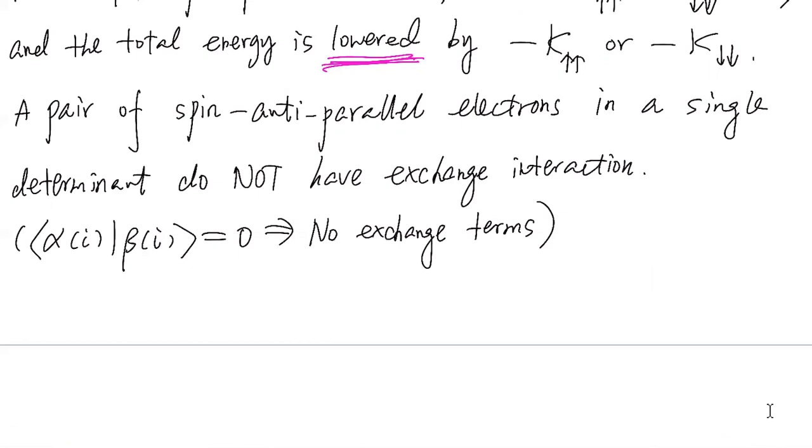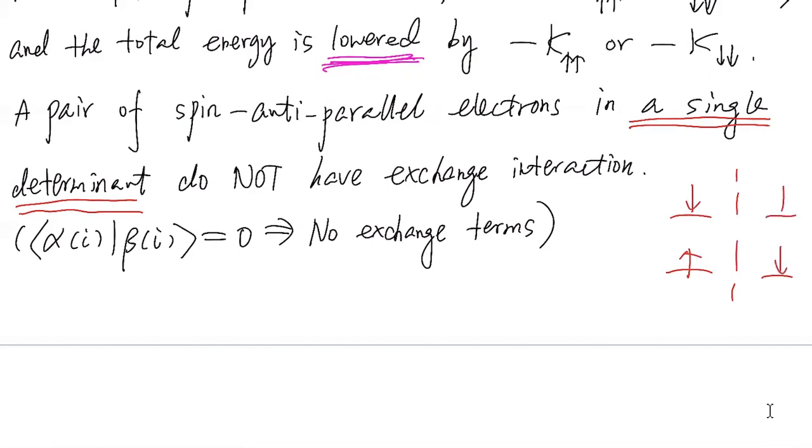Another thing that I want to emphasize here, I wrote down a single determinant. If you consider a linear combination of determinants, then because of the interaction between two determinants, it's possible to have exchange interactions. Again, just like the example I just talked about, one up, one down: if you only look at one up, one down, or if you only look at one down, one up, you don't have an exchange interaction.